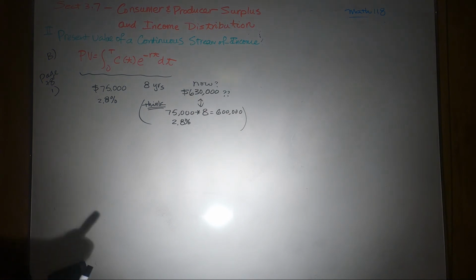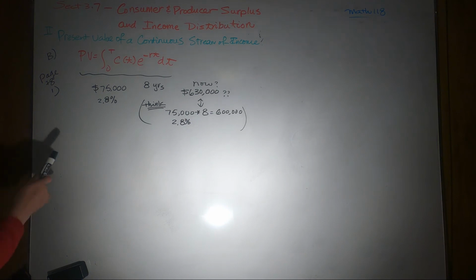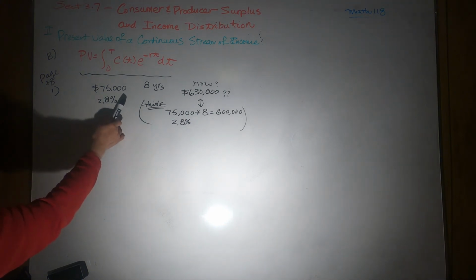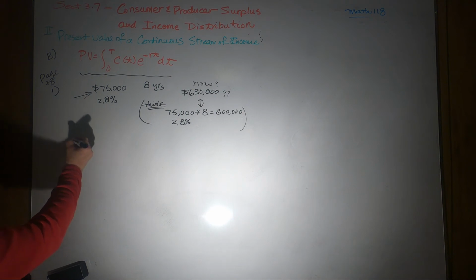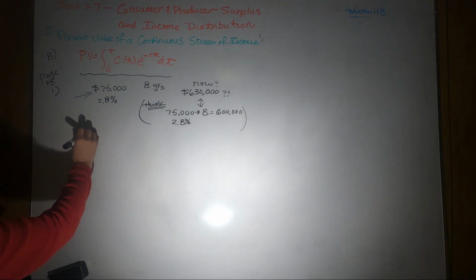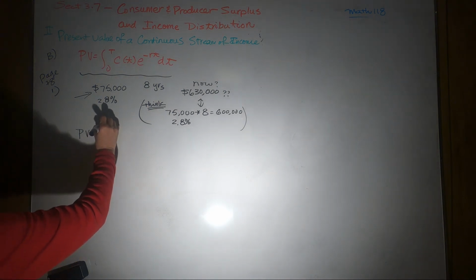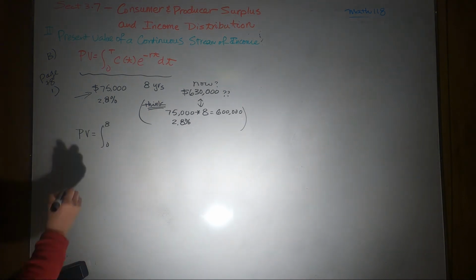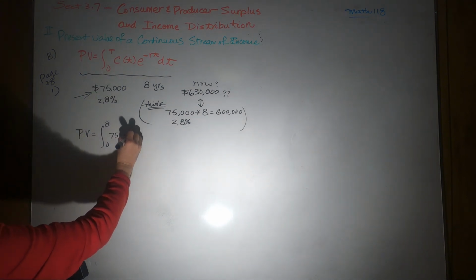So according to the concepts in the business world, how are we going to calculate a continuous stream of income? They say, okay, let's compare what it's actually worth. From 0 to 8, the continuous stream of income is $75,000.